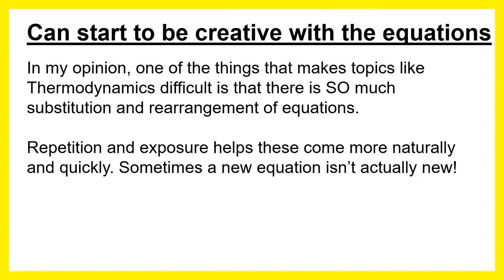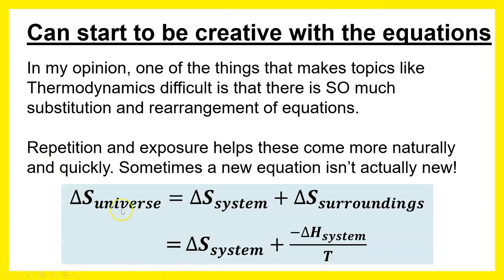So sometimes what might look like a new equation to you is not new. So for example, we learned that delta S of the universe is the system plus surroundings. This equation down here is nothing different. It's the same thing. It's just that instead of trying to measure the change in entropy of the surroundings directly, well, if I already know delta H and I know what temperature I'm at, I can just substitute and measure my system here, can't I?